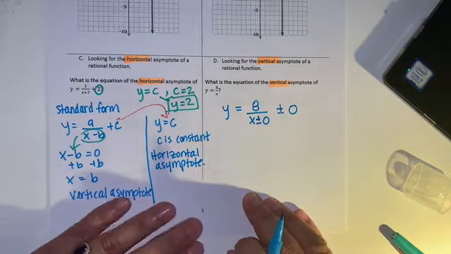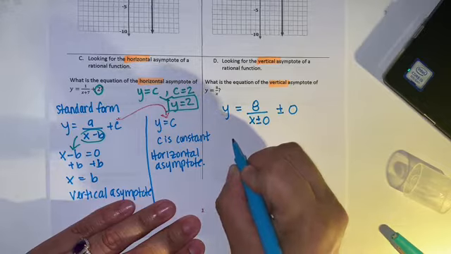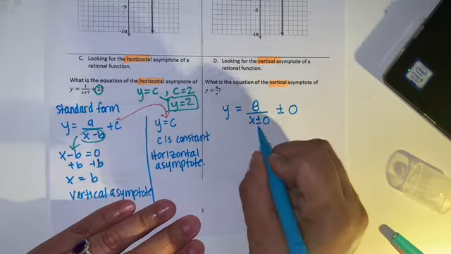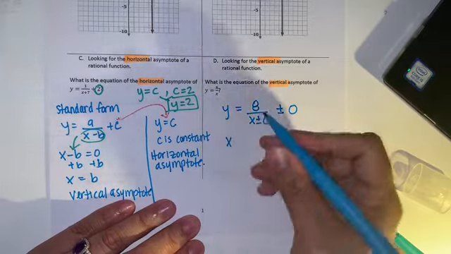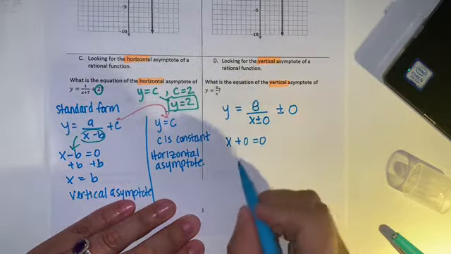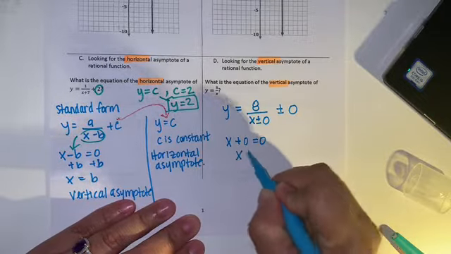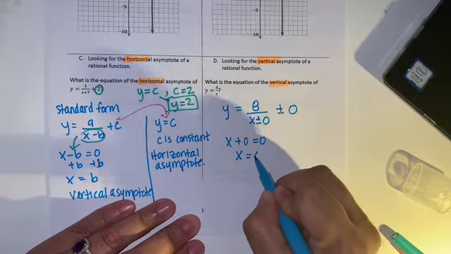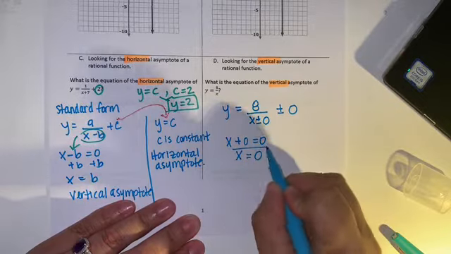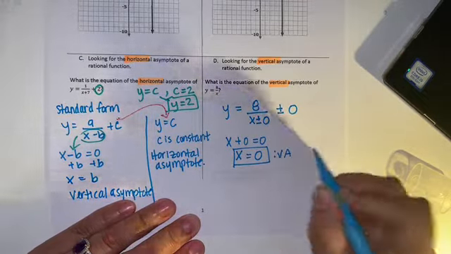So if I ask you for the vertical asymptote, you're going to say that it is going to be your constant of b. So x plus 0 equals 0. Well, anything plus x plus 0 is just, in this case, the variable. So x equals 0. This is going to be your solution for your vertical asymptote.